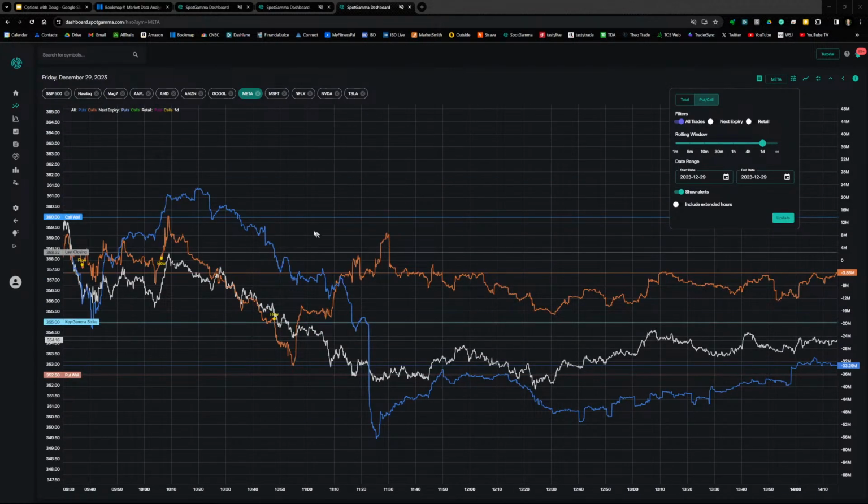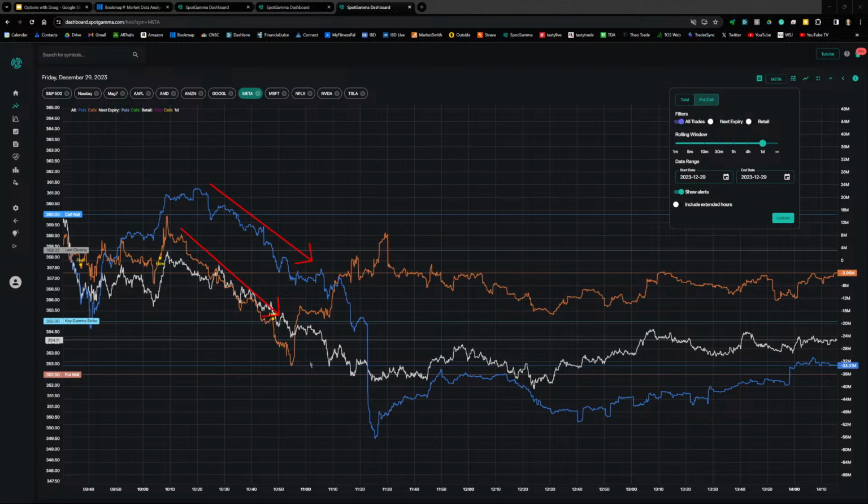So notice the blue line and orange line moving in the same direction. Again, according to SpotGamma, this is a very powerful directional indicator. It's very hard for the stock or the index, whatever you're looking at, to move in the opposite direction.